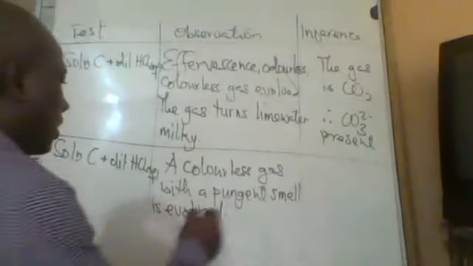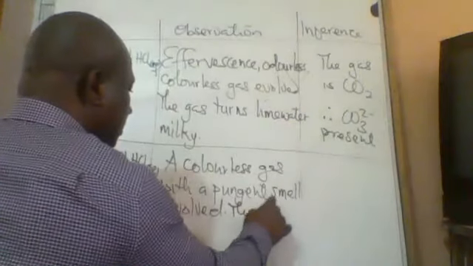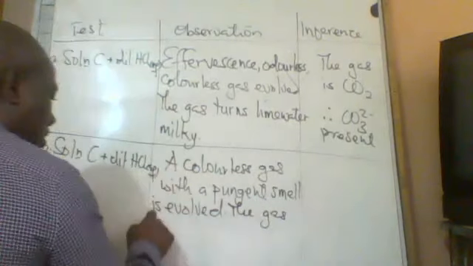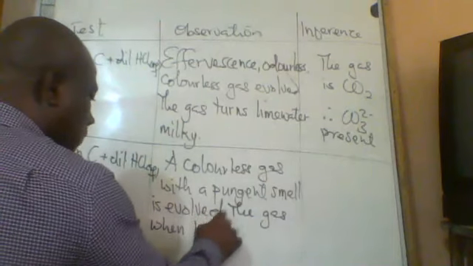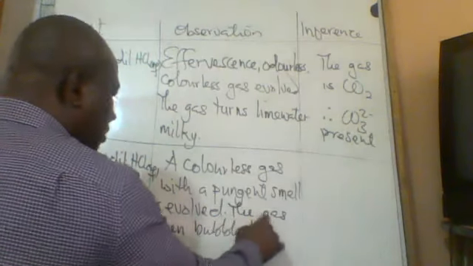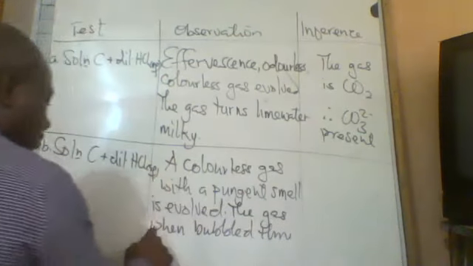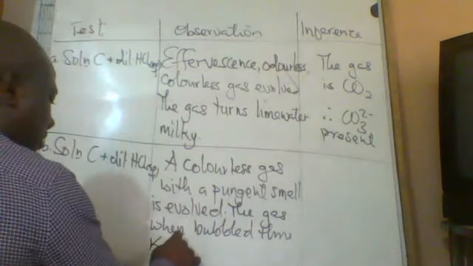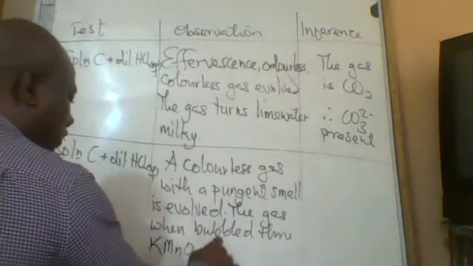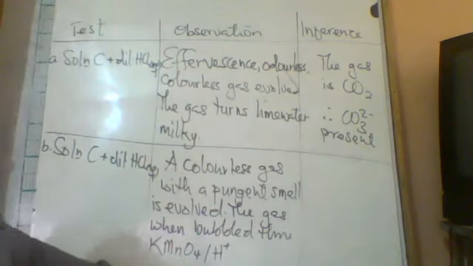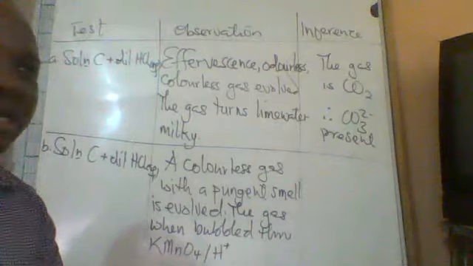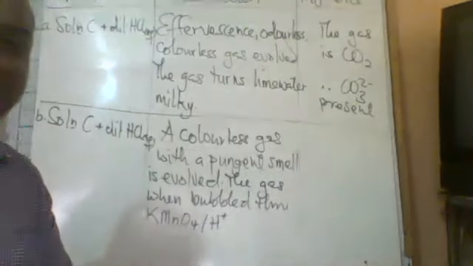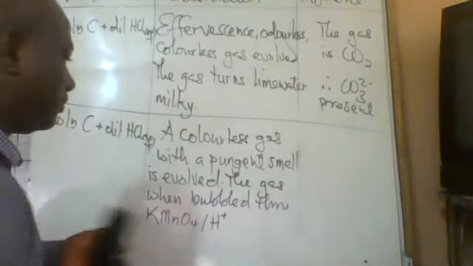So the gas, when bubbled through acidified KMnO4 solution, I'm representing it this way: KMnO4 stroke H+, meaning acidified KMnO4 solution.